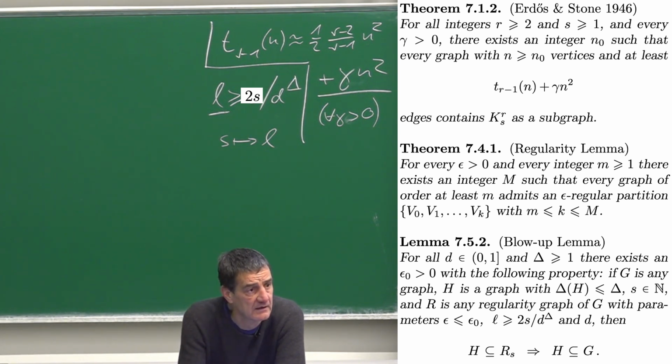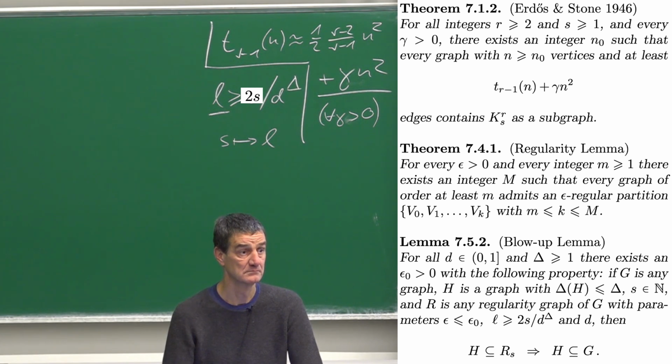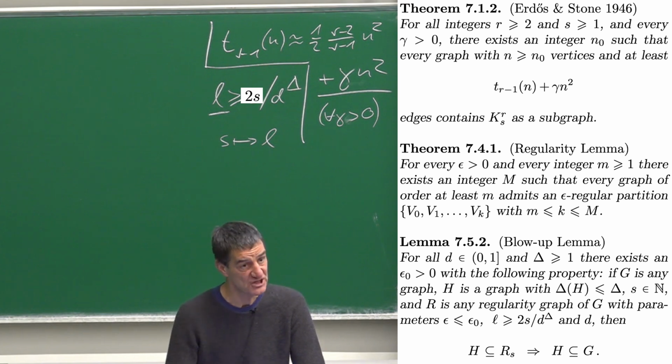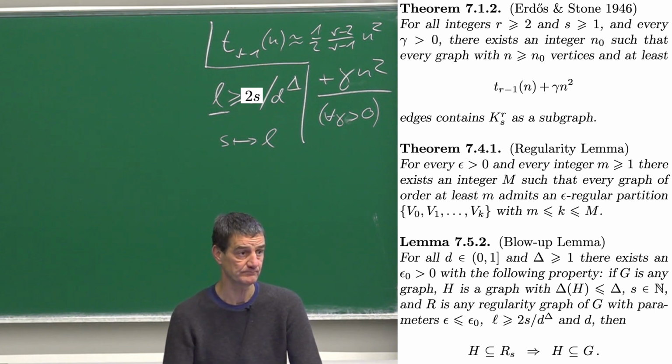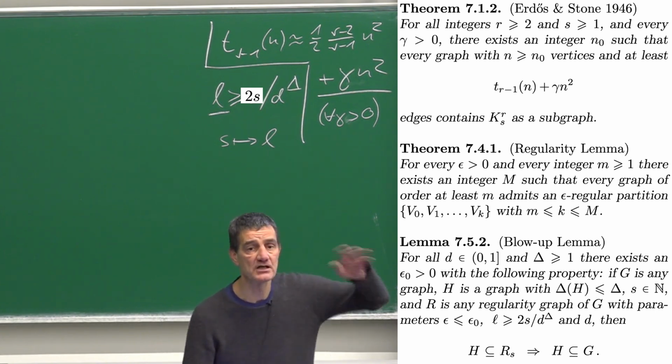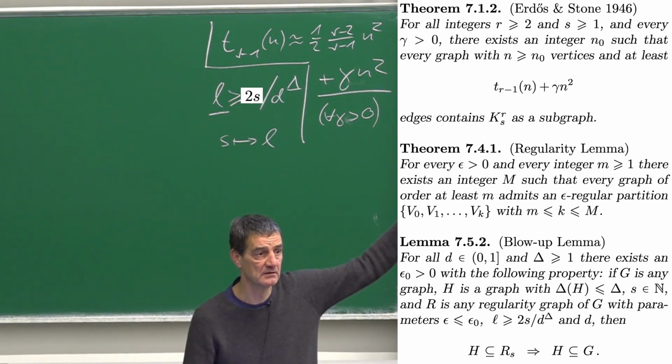And what do we have at our disposal to still choose? How can we change L? Making G big. We're allowed to do that because Erdős–Stone only requires that something works for big enough G. Right?